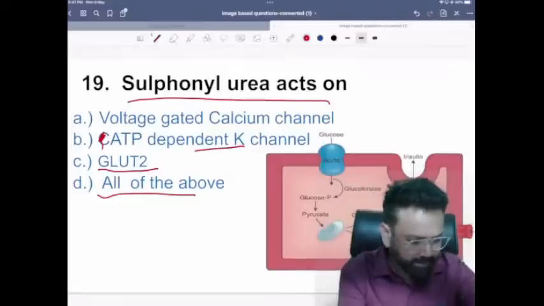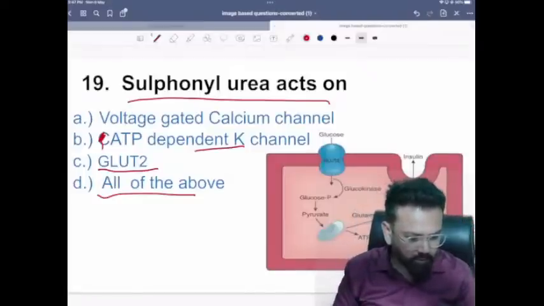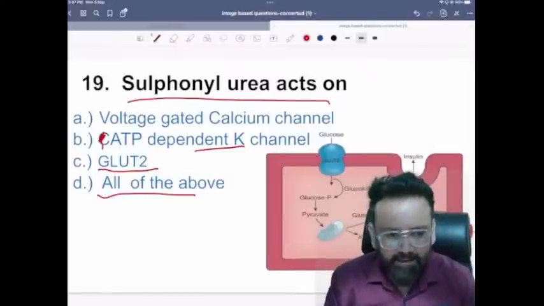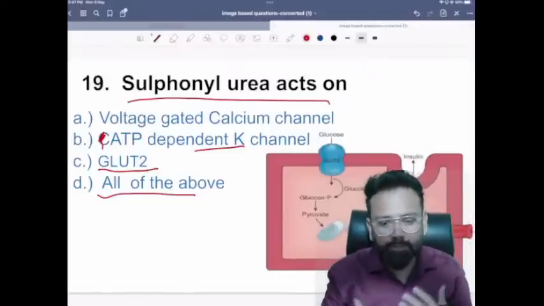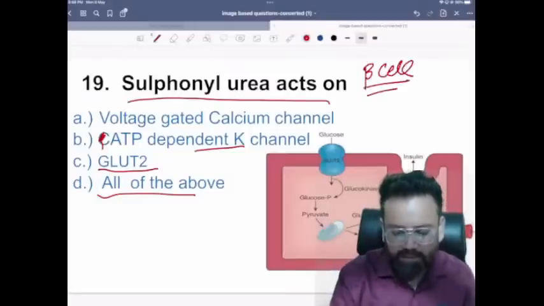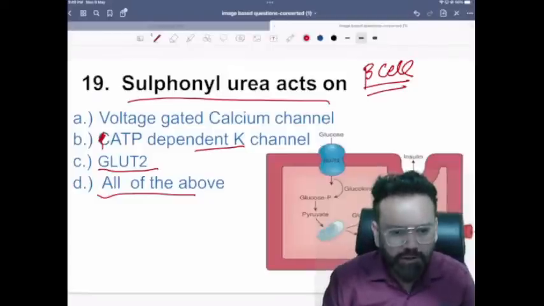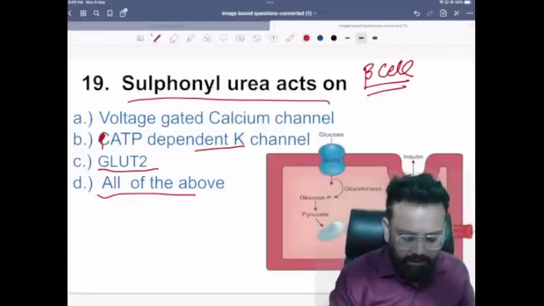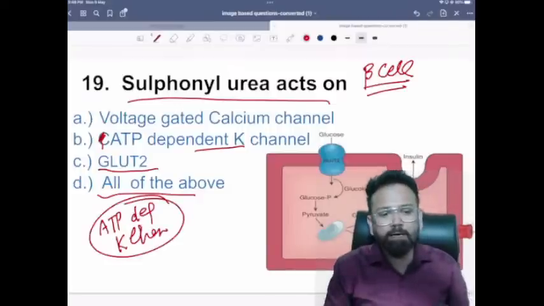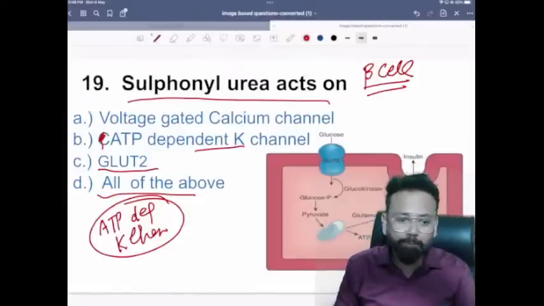Yes, answer is D, all of the above. A means voltage gated calcium channel. If you remember, in the beta cell, which channel is present? Or this question can be asked in some other manner: the beta cell of the pancreas has which channel on which sulfonylurea drugs act? Answer is ATP sensitive or dependent potassium channel. Answer is only B, not all.